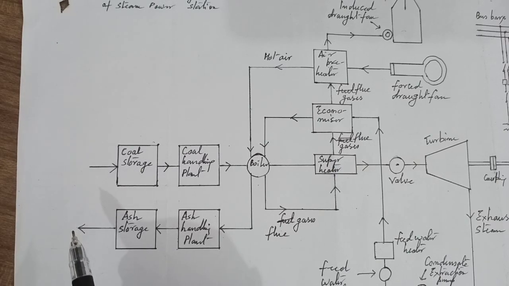The pulverized coal is fed to the boiler by belt conveyors. The coal is burnt in the boiler and ash produced after the complete combustion of coal is removed to the ash handling plant and then delivered to the ash storage plant for disposal.